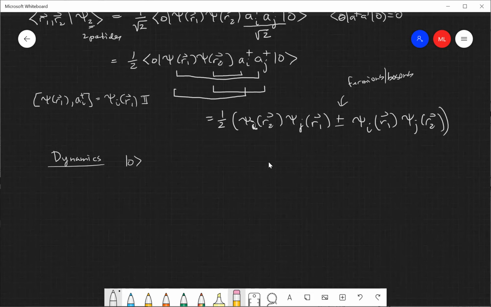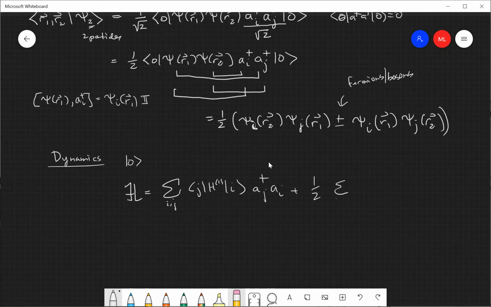So any kind of equation of motion you write down will be for the operators. So you use the Heisenberg picture. You have a Hamiltonian, which will typically have some form that includes one particle and two particle interactions. You've got the one particle interactions, and you've got the two particle interactions.